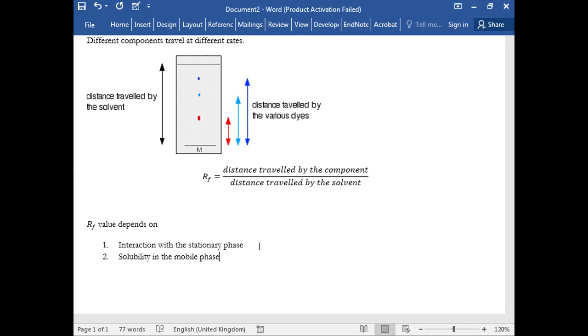How quickly does a particular component stick on the stationary phase? And why will it stick on the stationary phase? Due to different intermolecular attractions. Same reason that the component is soluble in the mobile phase, for similar reasons, it might stick onto the stationary phase.